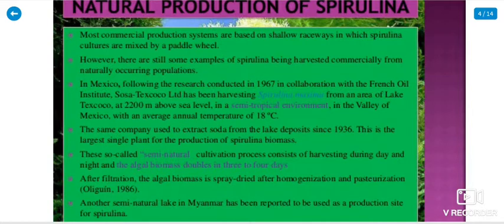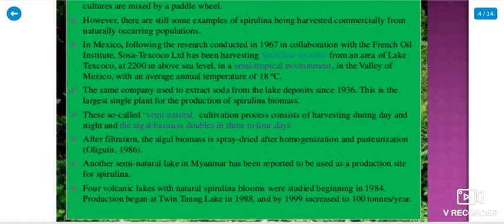These so-called semi-natural cultivation processes consist of harvesting during day and night, and the algal biomass doubles in 3 to 4 days. After filtration, the algal biomass is spray dried after homogenization and pasteurization.